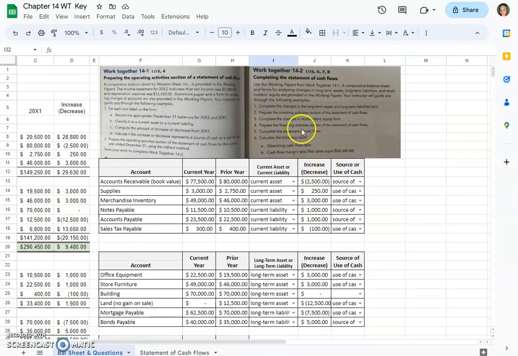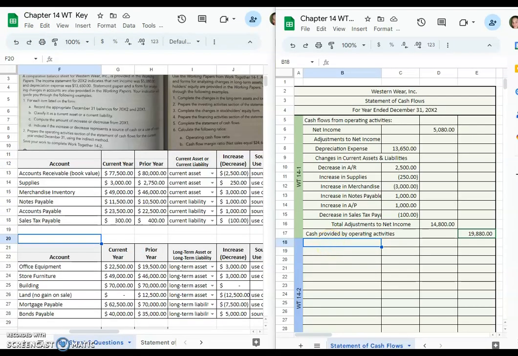And then we will prepare the financing activities section of the statement of cash flows. And I'm going to do what I did last time and put these next to each other so that you can see it better. All right, so I've got my same workbook here, but the balance sheet and questions on one tab here and the statement of cash flows on the other tab over here.